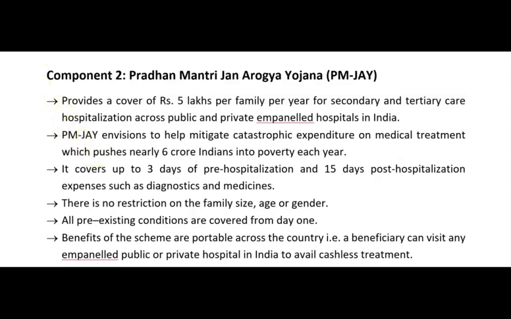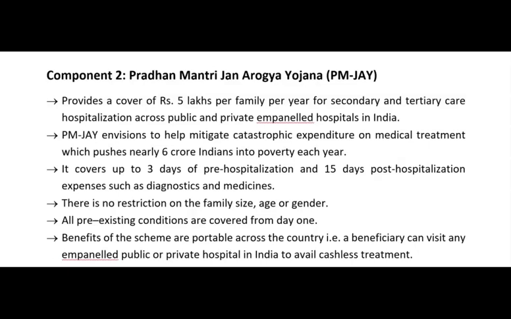It is one of the largest government-funded health insurance schemes in the world. The scheme offers eligible families an insurance cover of rupees 5 lakh per annum per family. Also, the amount is intended to cover all secondary and most tertiary care expenditures that are incurred. Also, there is no cap on family size and age under the scheme to ensure that nobody is left behind.